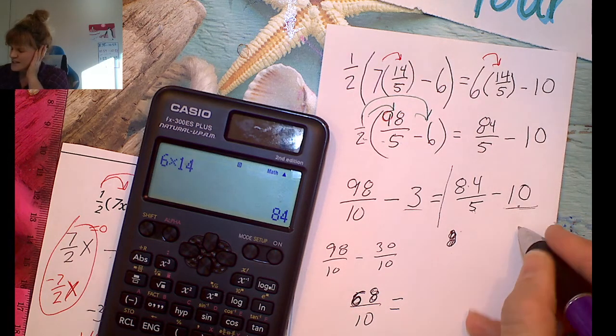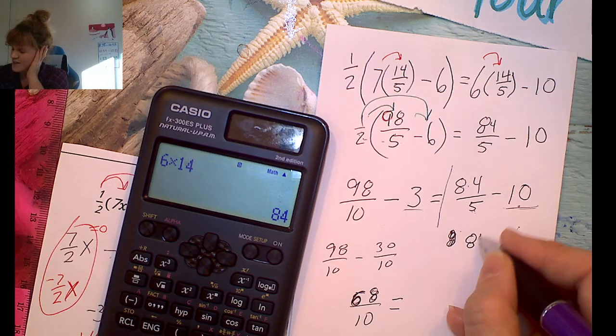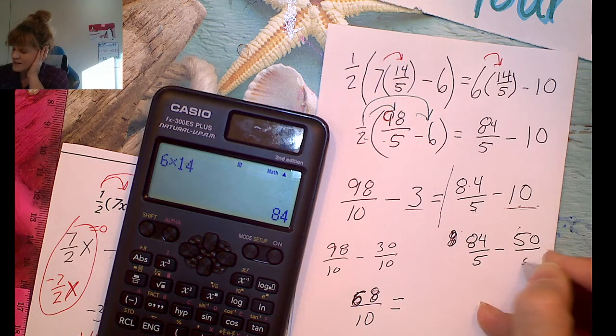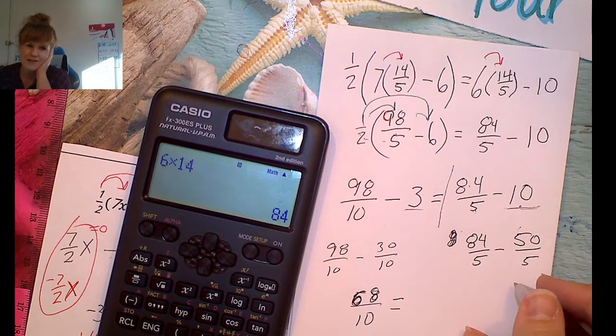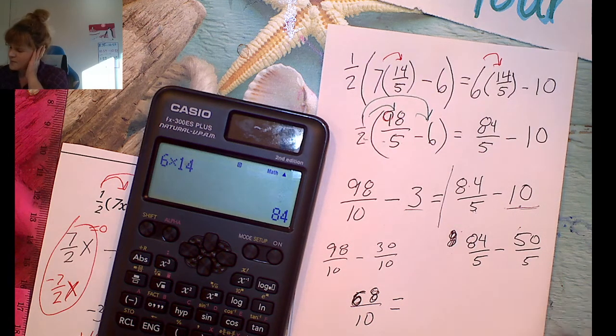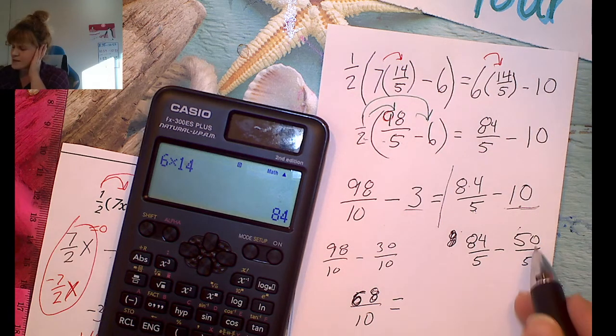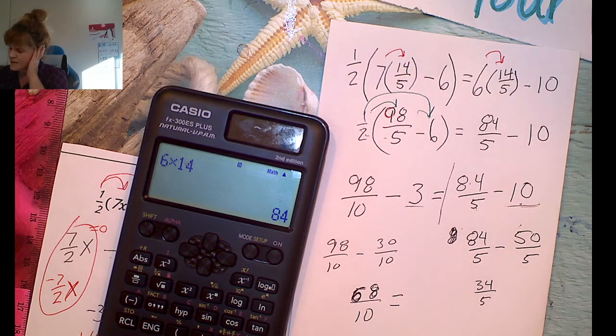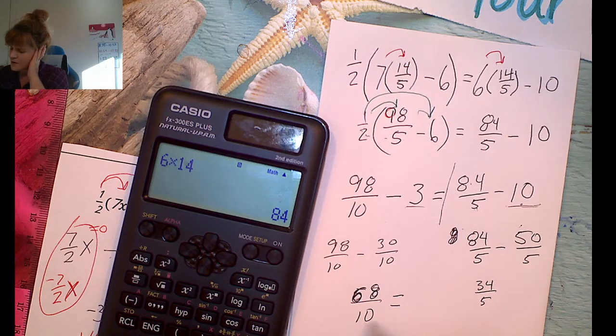So if I want a denominator of 5, it'll be 50. There we go, I did it. Gosh, I thought I was good at fractions, but I got lost suddenly. 84/5 minus 50/5 equals 34/5.